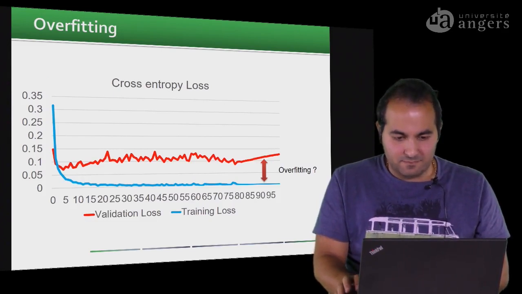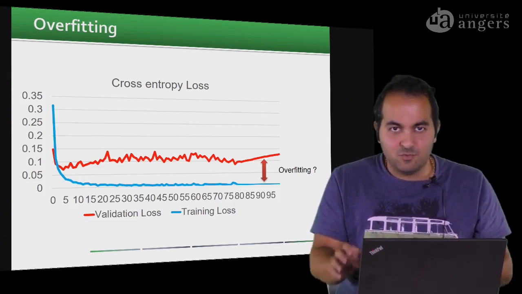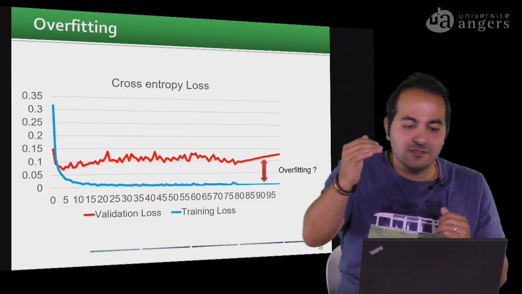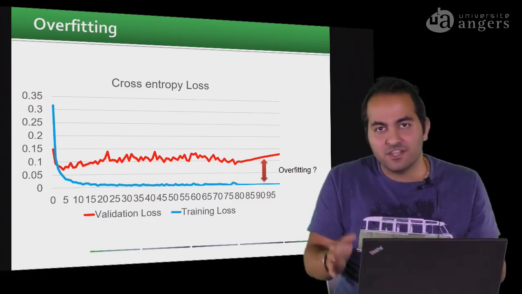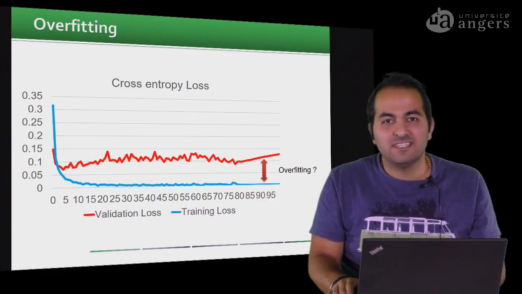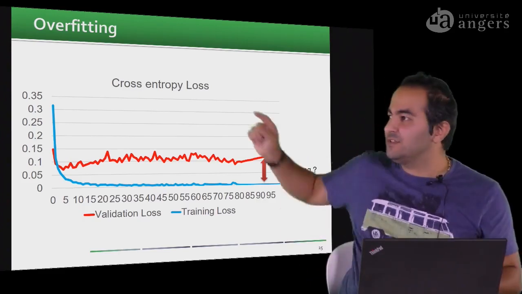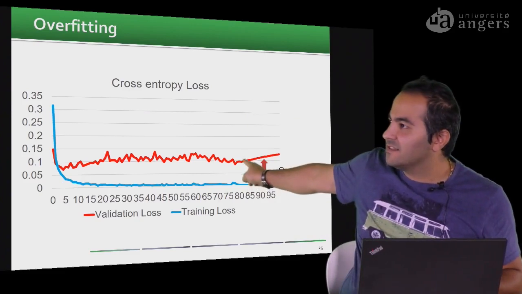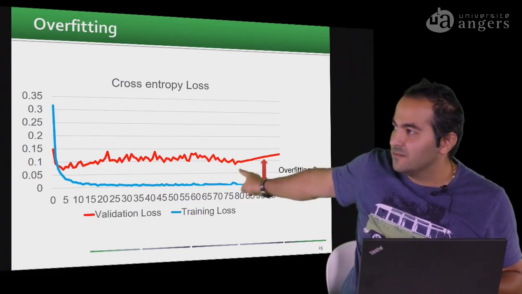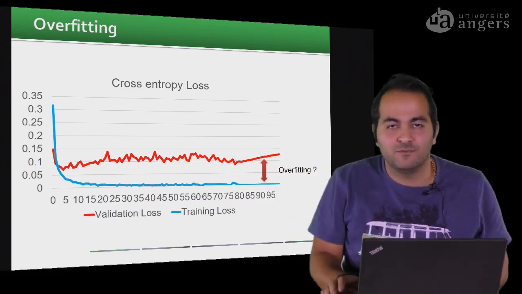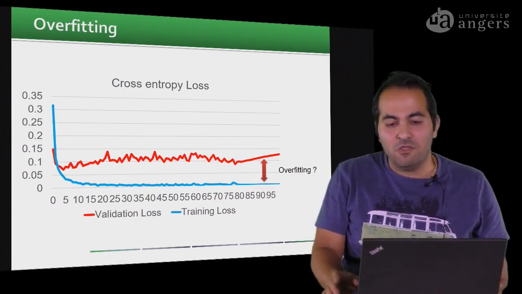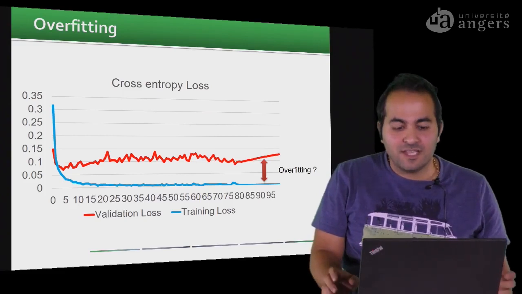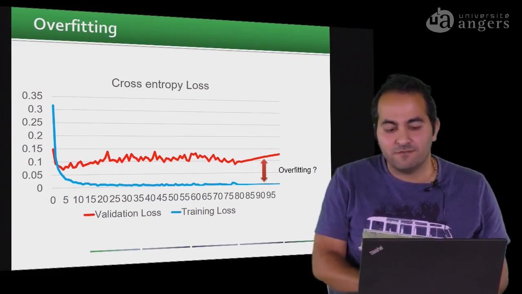But if we put the training loss and the validation loss together, even with the ReLU, we will see there is a distance between these two. You can see here, there is a distance, and it's not good for our model. We call it overfitting. If there is a distance between them, we call it overfit.